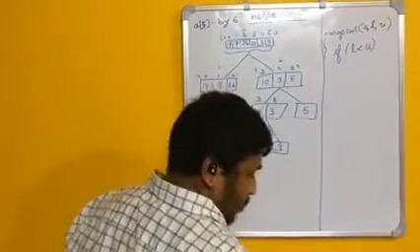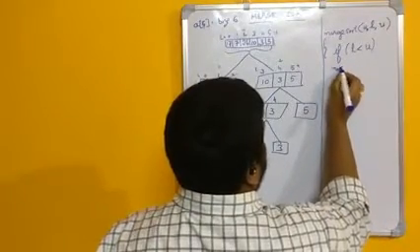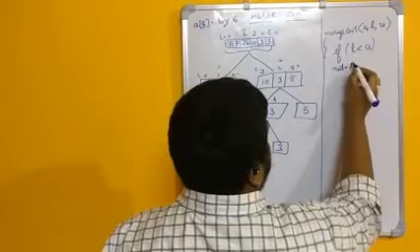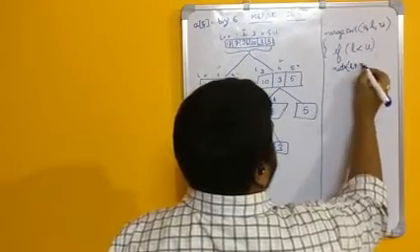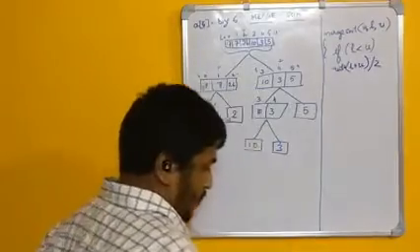If yes, what do we have to do? We have to find mid equal to (L plus U) divided by 2. We got 2.